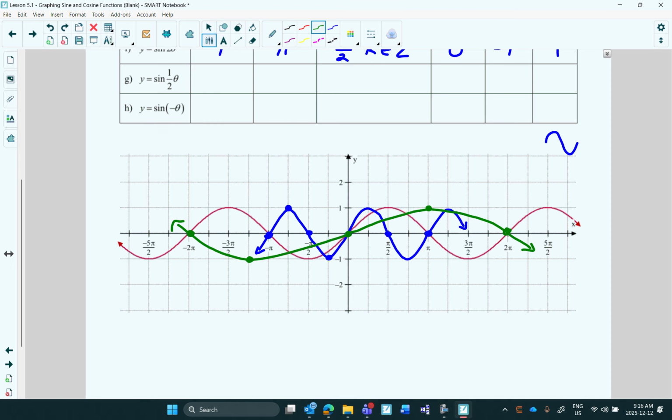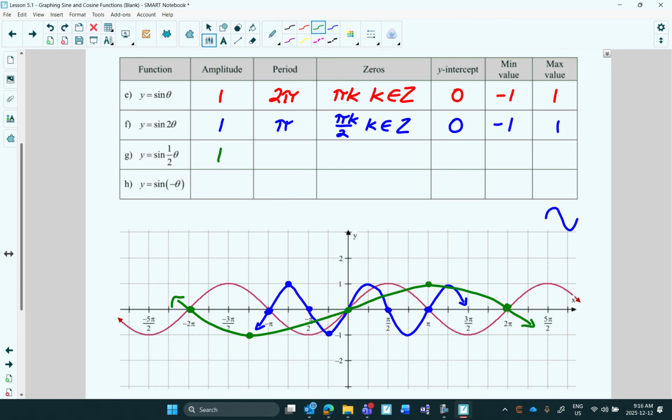So notice the amplitude is still 1. The amplitude doesn't change. The period, though, how long does it take to complete a cycle now? 4 pi. Because if we continued the graph, we'd get to 4 pi after a cycle. Or, remember, if the period is 2 pi in the original, the period in half would be double that, 4 pi.